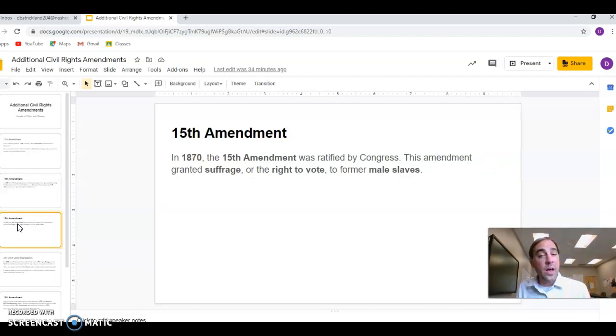Those all have to deal with slavery and post-slavery, and they're all in the mid-1800s. So if you see anything mid-1800s, you're either talking about pre-slavery, during slavery, or post-slavery, okay?